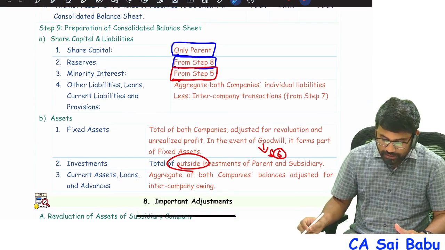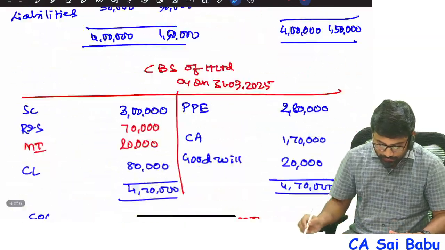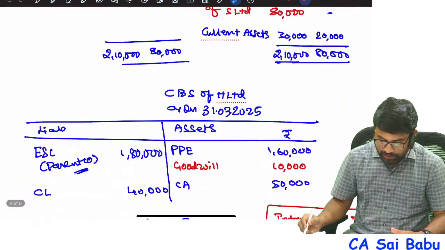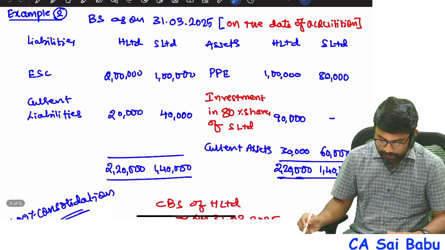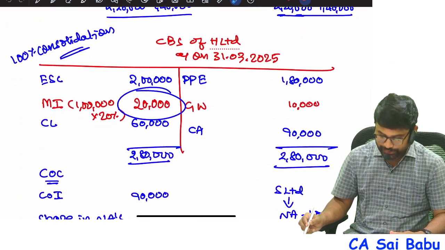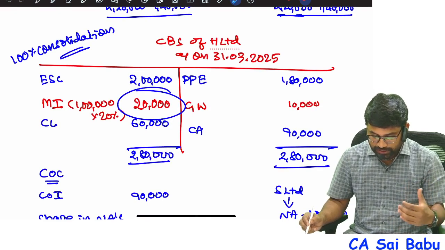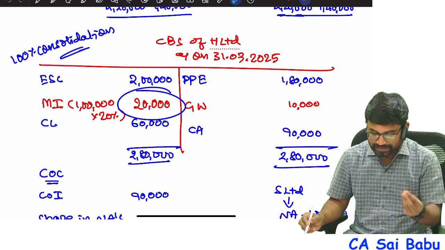And yesterday, through examples, I introduced the concept of cost of control and also minority interest. So, in the consolidation procedure, we have understood the basic steps.